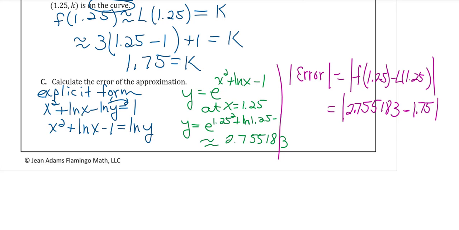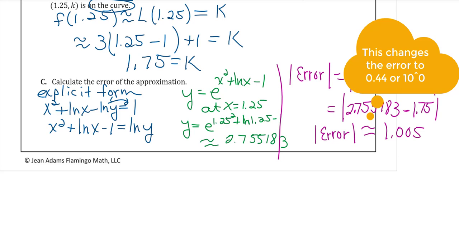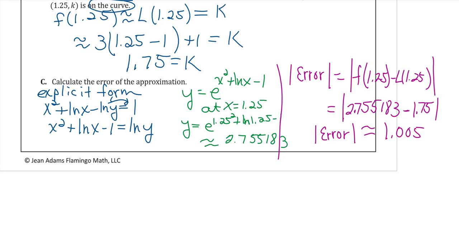So how far off the curve are we? Our error is pretty bad, actually. We are way off the curve. It's approximately equal to 1.005. So that's more than 100% away. So that's pretty terrible. It wasn't the best approximation.